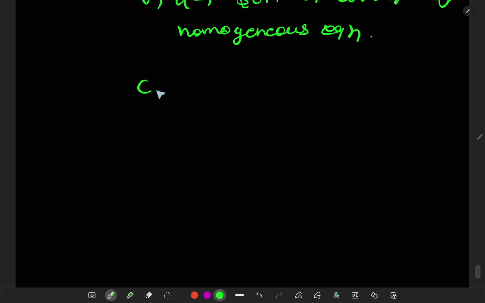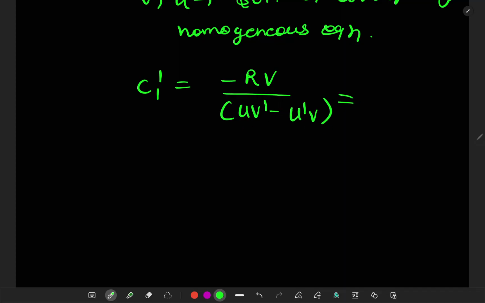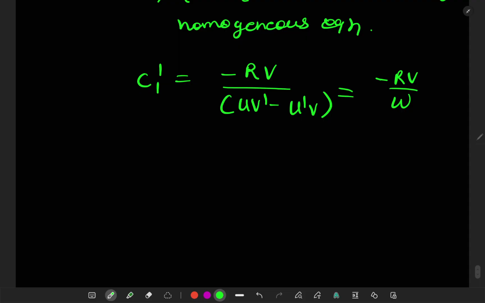Here C1 dash is equal to minus R V divided by U V dash minus U dash V, equal to minus R V by W. This W is called the Wronskian matrix.